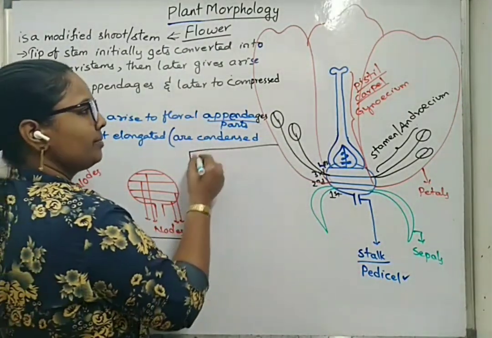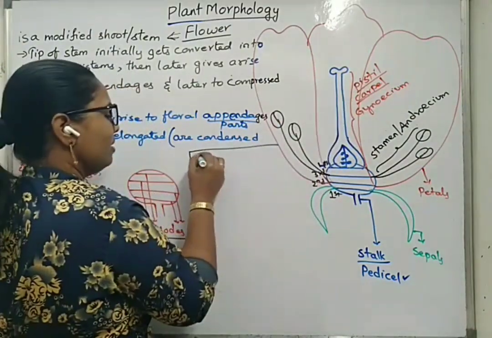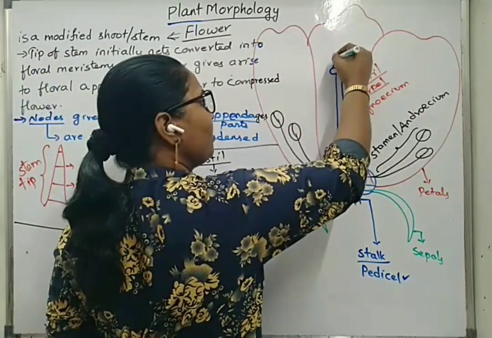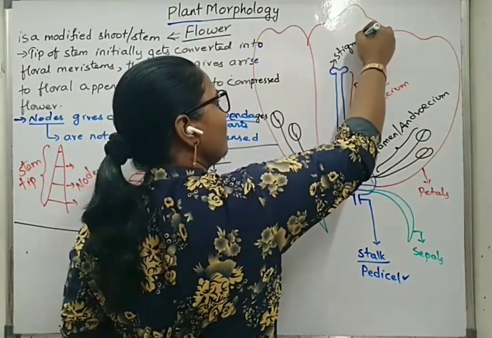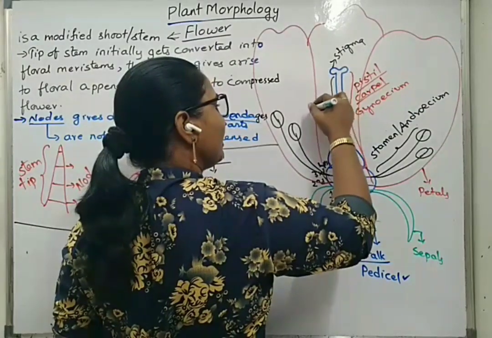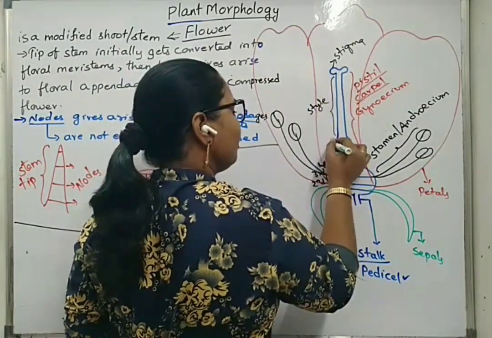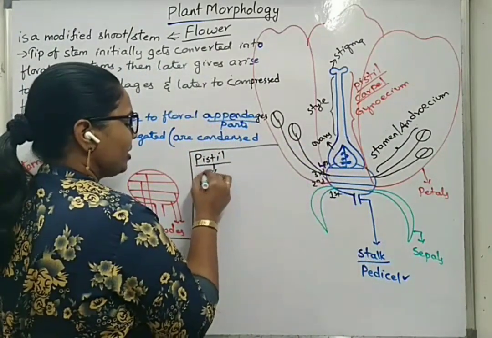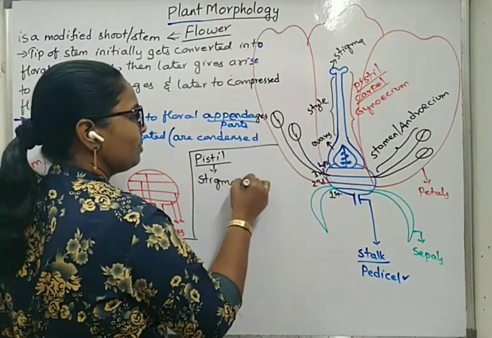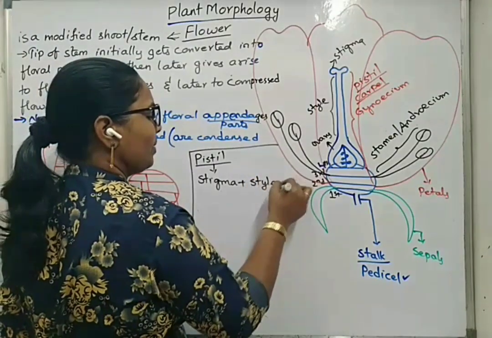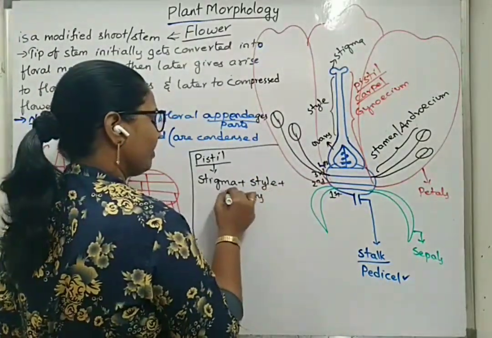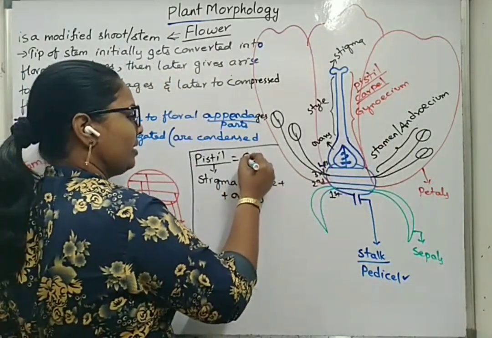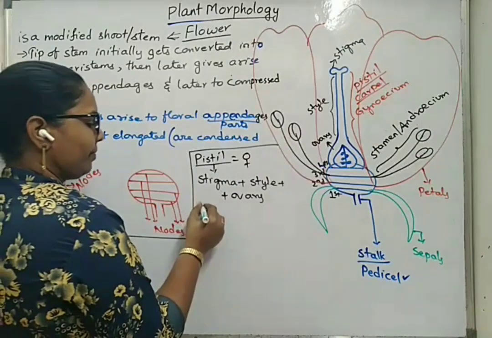Now we will write some points regarding those. Pistil is a combination of the upper stigma, this long thread-like style, and the bottom ovary. So it is stigma plus style plus ovary. This we can say is the female reproductive structure.